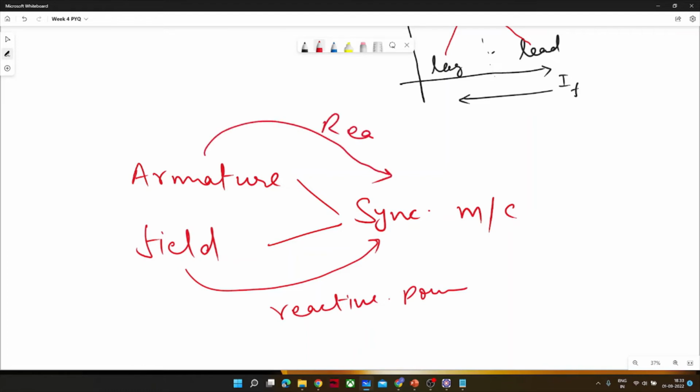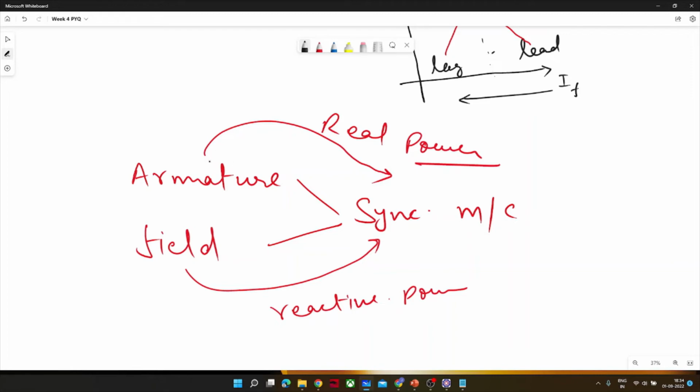Then this synchronous machine would be at unity power factor, because no reactive power is supplied by the armature. Now, let's say the reactive power provided by the field winding is less. Then the armature has to compensate for that.